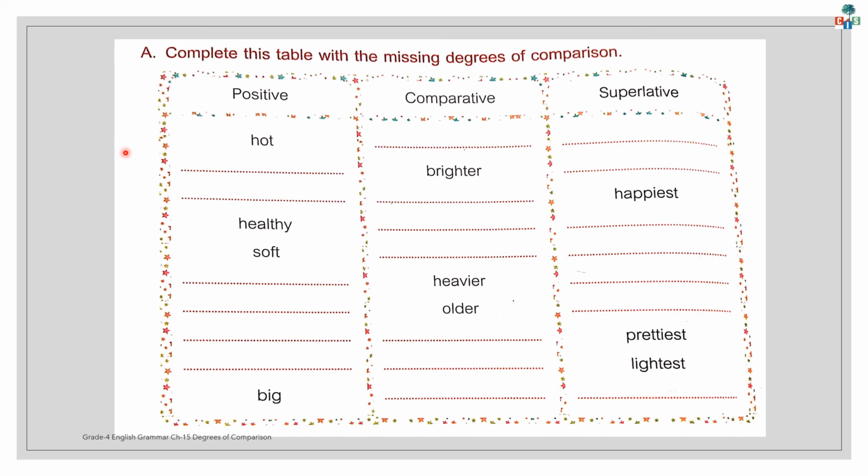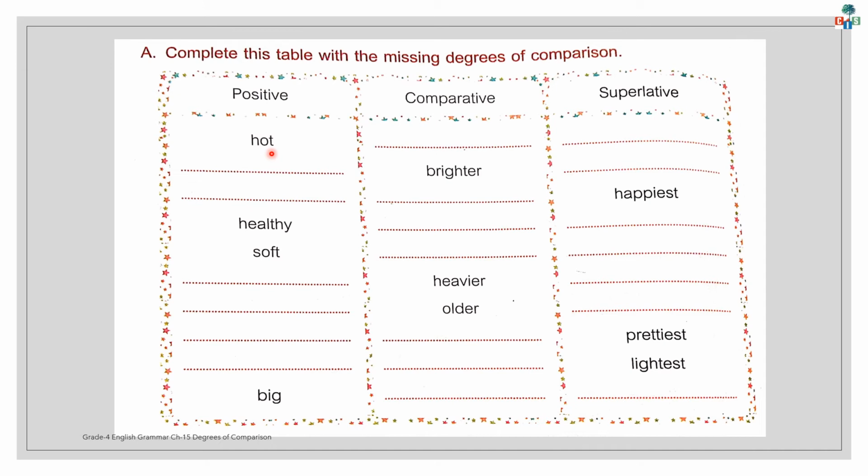Okay children, see page number 46, exercise A. Complete this table with the missing degrees of comparison. Children, just now we understood about the degrees of comparison, positive degree, comparative degree and superlative degree, and you have to write these degrees. Let's see the first one, hot.